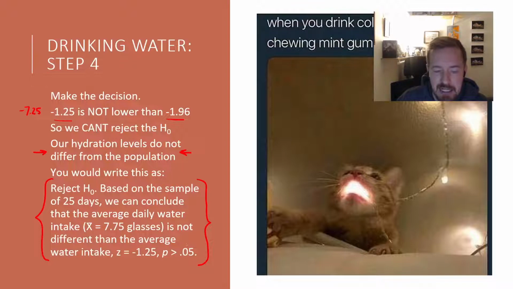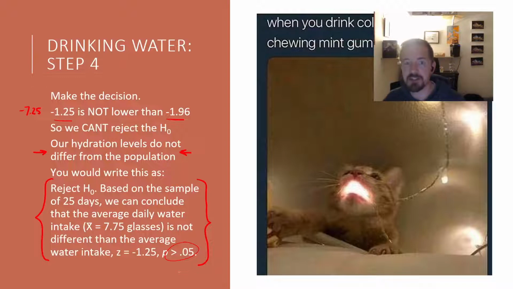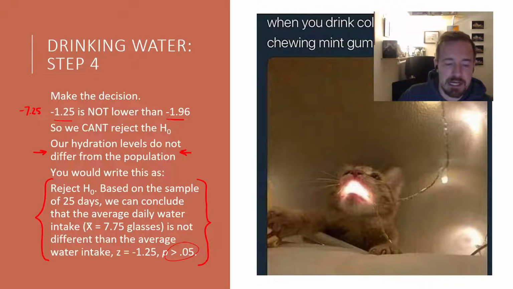You don't need the actual p-value for this class, because in every situation that's always calculated by JASP. It's not something that you have to do by hand, ever, in the 21st century. So we just say it's either less than or greater than the alpha value, and the alpha value here was 0.05.